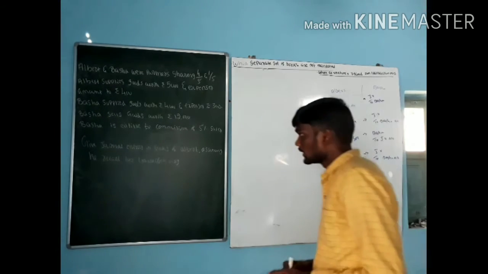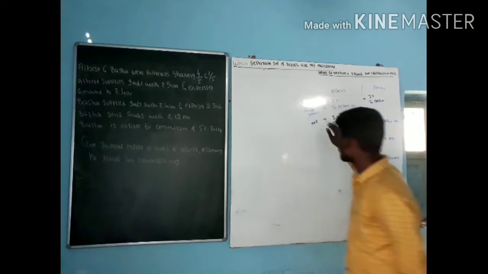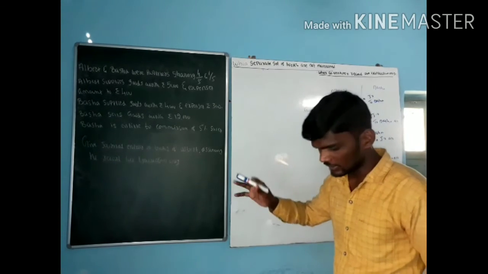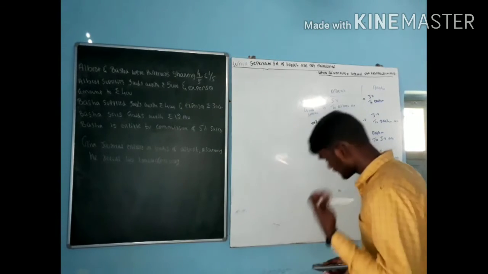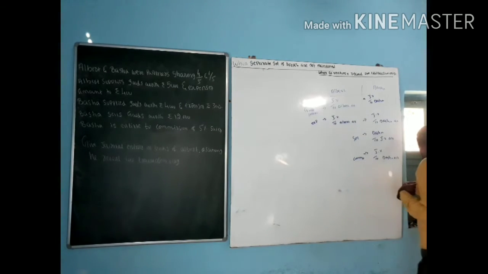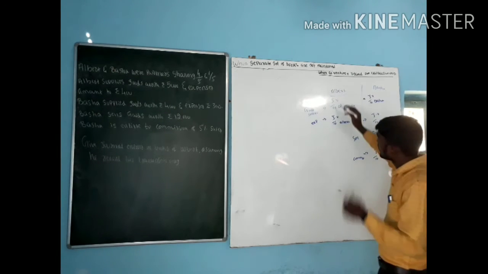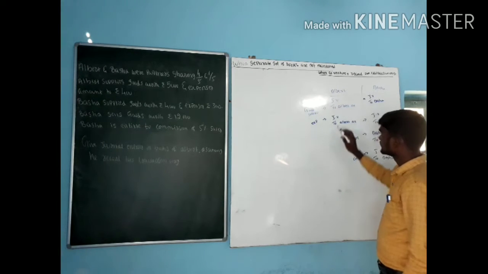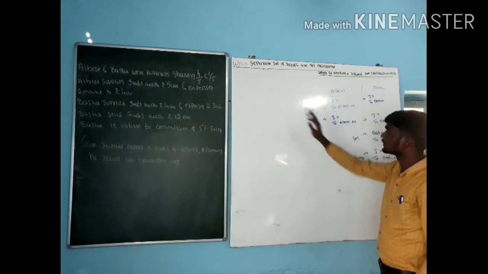Now, give the journal entries in the books of Albert, assuming you record only your own transactions. When it comes to own transactions, I should not take into picture any kind of transaction of Basha. I need to record the transactions only of Albert. That is the first one, then the second one, the two entries I need to record in the books of Albert.